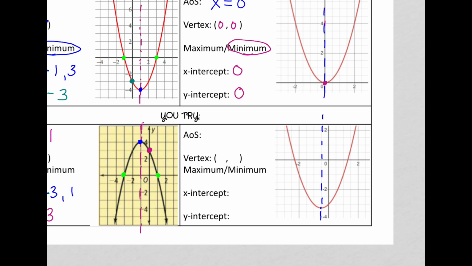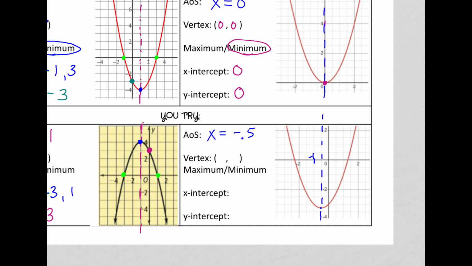It looks like that axis of symmetry goes straight down. The part we have to be careful of first is we know it needs to be an x equals. But the second part is this graph is a little bit different. If you can tell, this would be -1, which means our line is at -1/2. You can write -0.5 or -1/2 with a fraction. It doesn't matter either way.